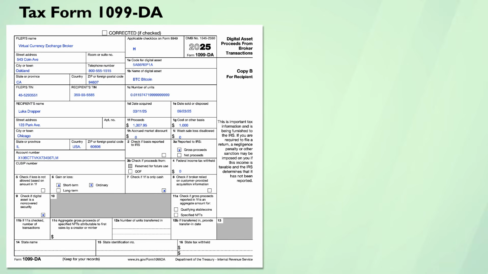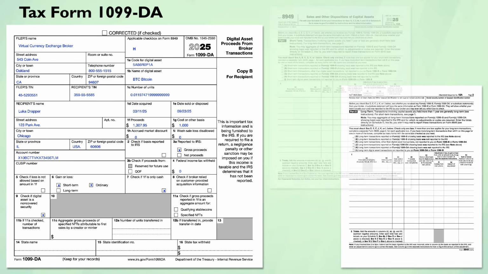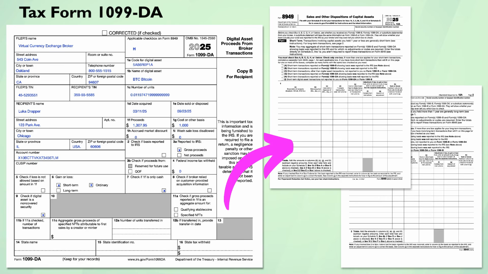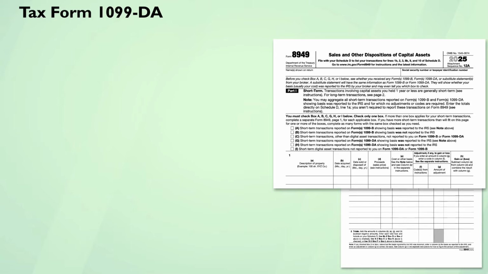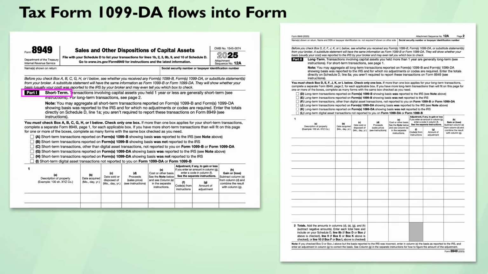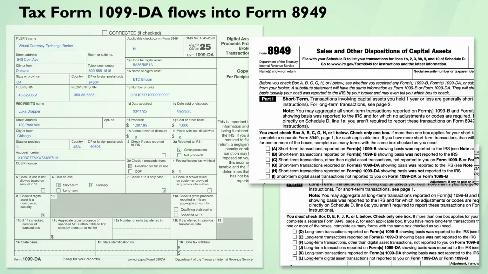The information from Form 1099-DA flows into Form 8949, which reports sales and other dispositions of capital assets, including stocks and crypto. Form 8949 has separate sections for short-term and long-term transactions, and for transactions that were or were not reported to the IRS.